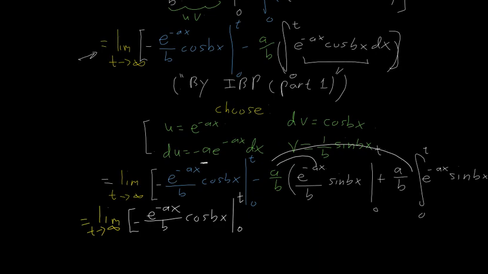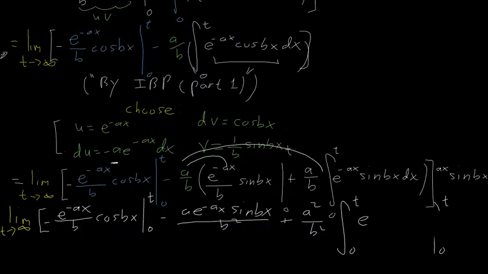It becomes negative a e to the negative ax sine bx all over b squared, plus a squared over b squared, and then you just integrate from 0 to t of e to the negative ax sine bx dx.